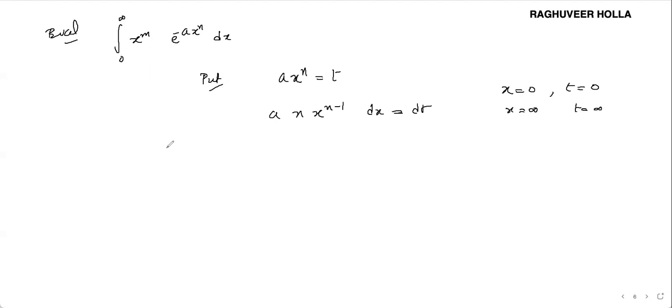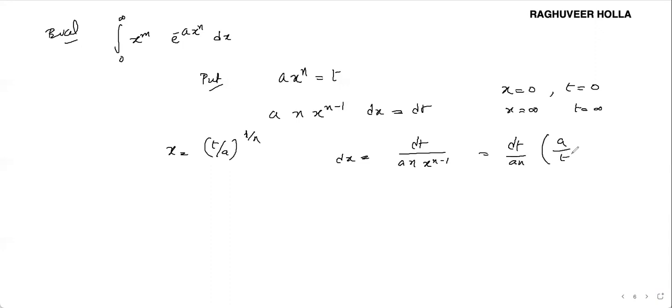So x is (t by a) to the power of 1 by n. Okay, so dx will be dt by a n x to the power of n minus 1, or dt by a n times (a by t) to the power of (n minus 1) by n. So let us substitute this.